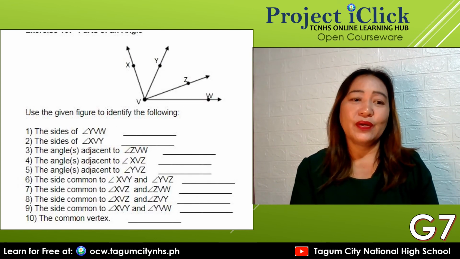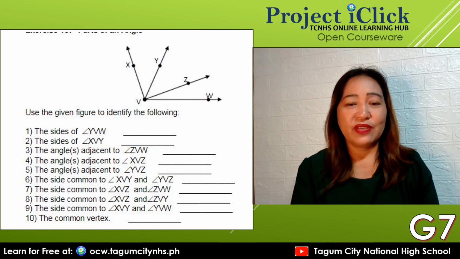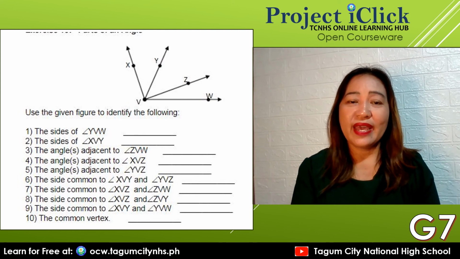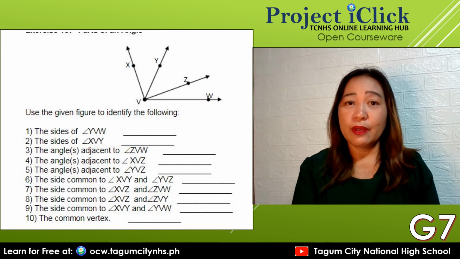Okay, now you are given an activity to enhance your learning. The instruction says that you are going to use the given figure to identify the following. Number 1, find the sides of angle YVW.